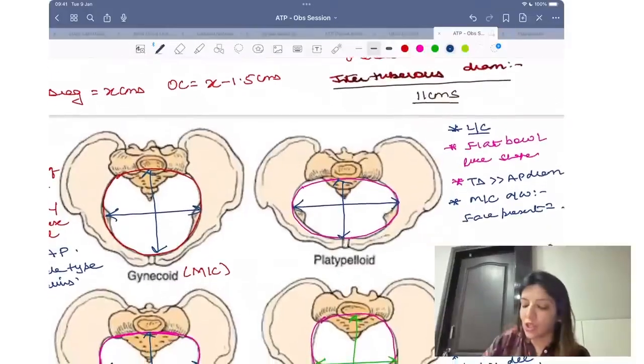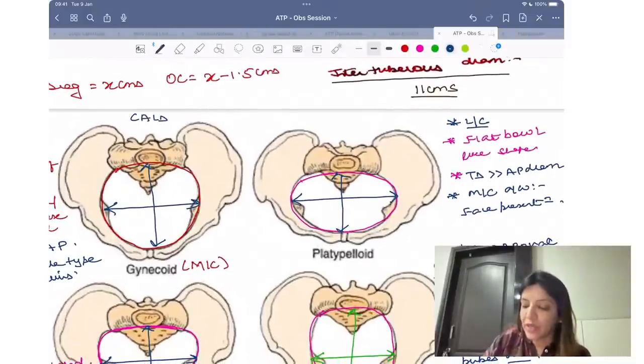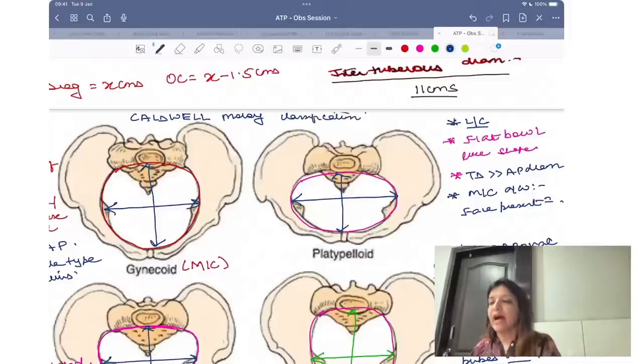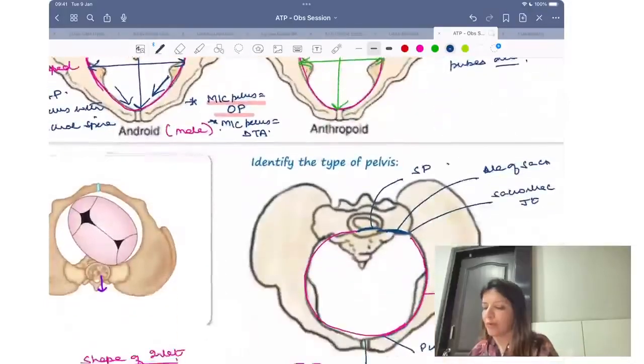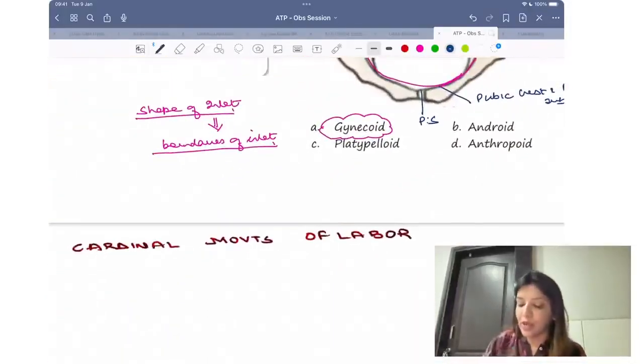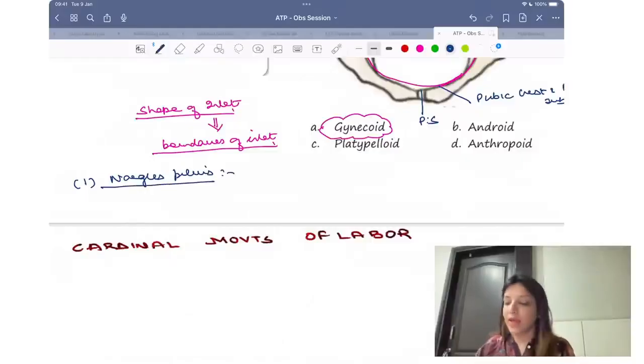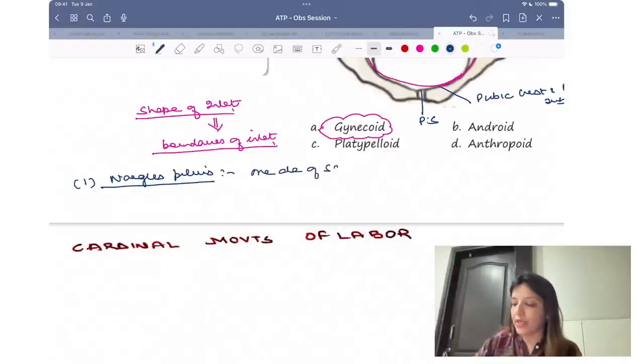The classification of pelvis is called the Caldwell-Moloy classification. Other than that, I want you to remember two more types of pelvis. One is Naegele's pelvis. What is a Naegele's pelvis? It is where one ala of the sacral bone is absent.